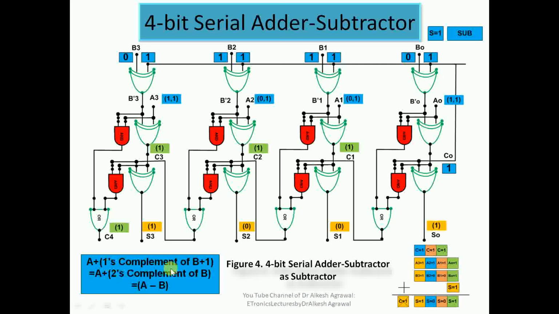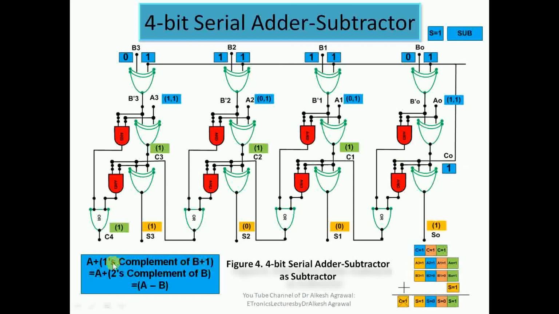How 1's complement of B? Because we are performing this operation of exclusively ORing each bit of number B with 1. So by doing this we are calculating the 1's complement of B through these exclusive OR gates, and we are adding 1 in this first stage.